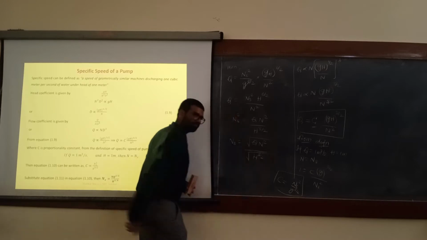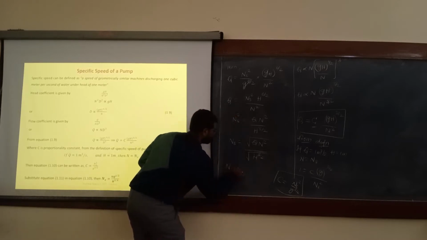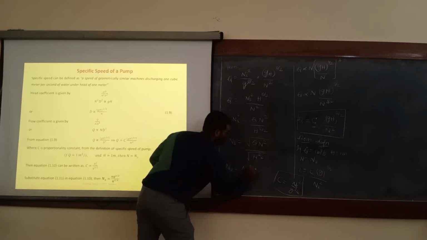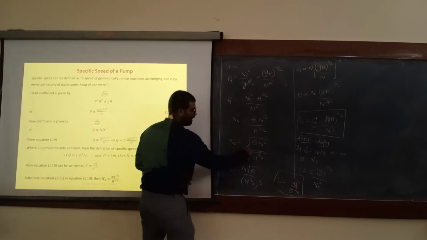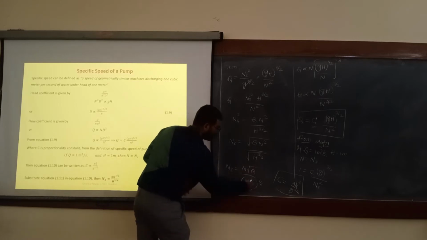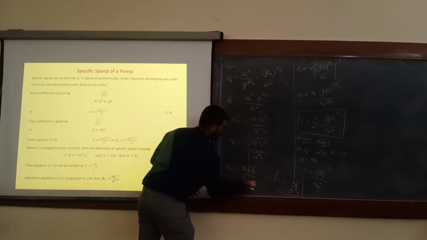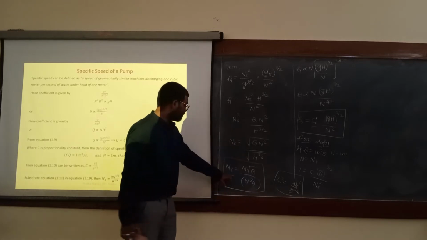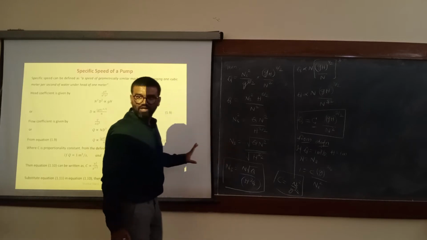Then what we have here is, N square will get cancelled in the square root, so N root Q by (H to the power of 3 by 2) whole to the power of 1 by 2. If you write square root in terms of power, that is half. Then 3 into 1 is 3, 2 into 2 is 4. So the power is 3 by 4. This is the expression for the specific speed of a pump. Understood?